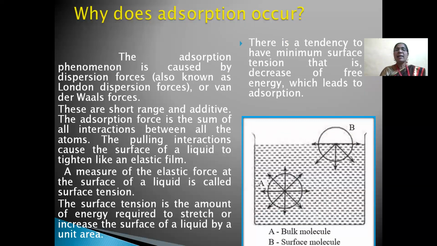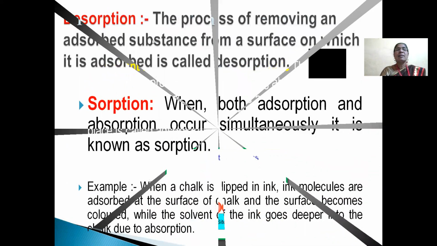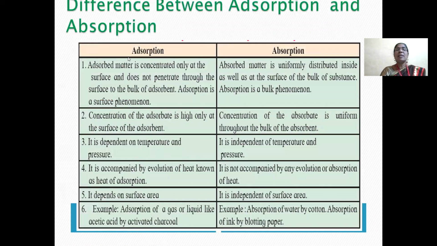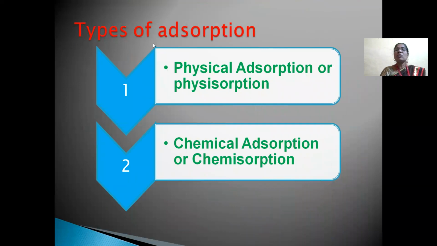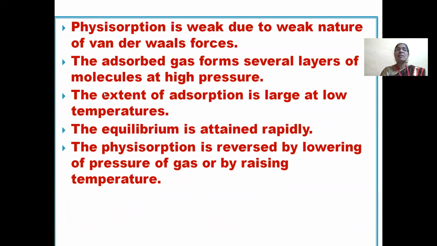Next one, why does adsorption occur, what are the terms involved in adsorption: adsorbent, adsorbate, desorption, sorption, difference between adsorption and absorption, what are the types of adsorption, physical adsorption and chemical adsorption, what is meant by physical adsorption, what are the properties of physical adsorption.